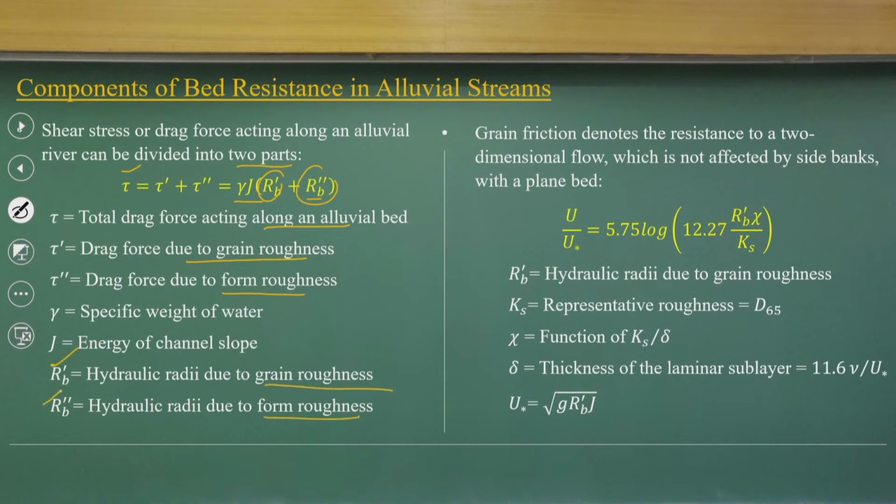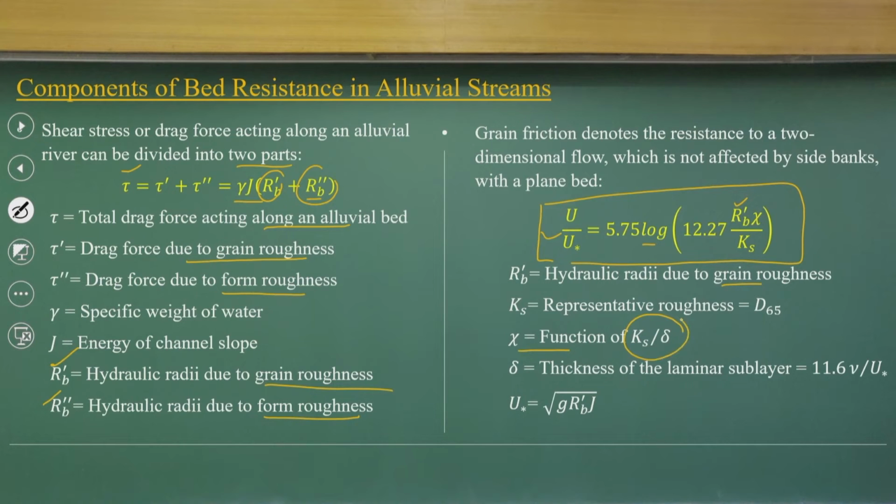So, we define this hydraulic radius separately for grain roughness and form roughness; try to understand that. In the last class we discussed that we can define the velocity distribution of a channel, which is a logarithmic velocity distribution. Here we are using the log base 10, not the natural log, and u* is the shear velocity. Here we have introduced that the grain roughness can have an R_b dash, and xi is a function of Ks by delta.